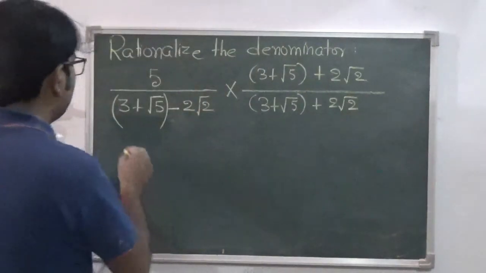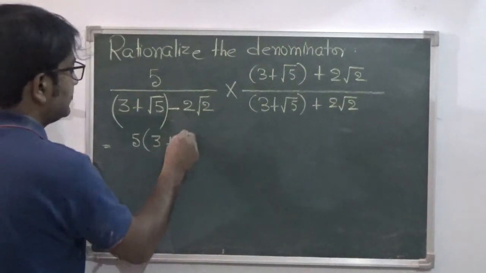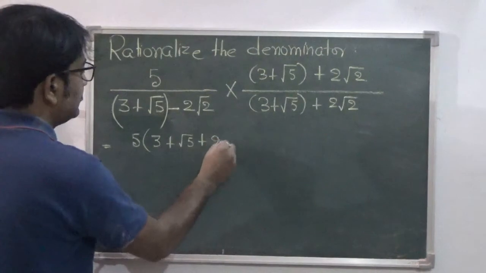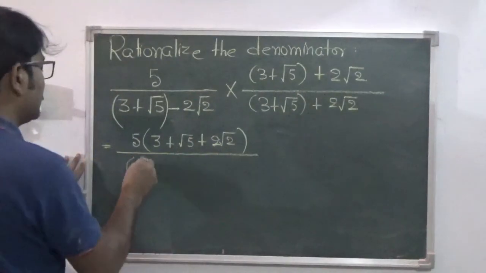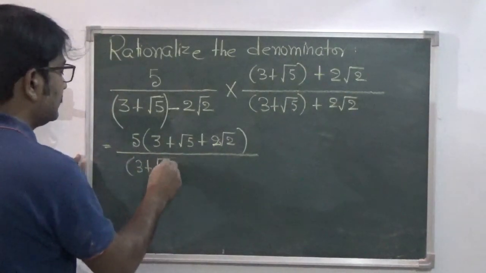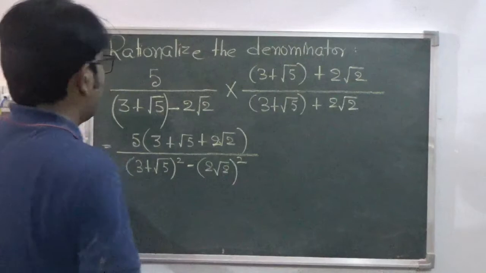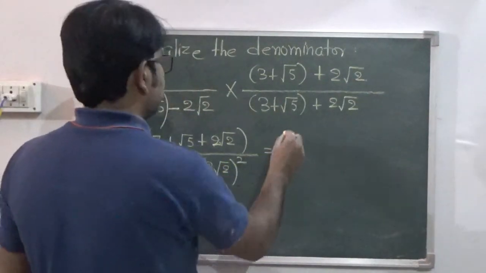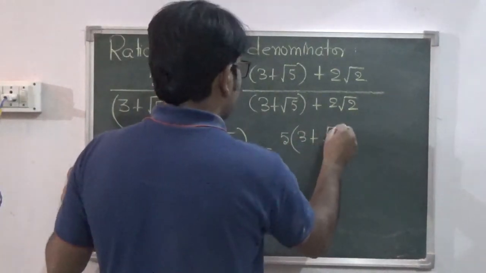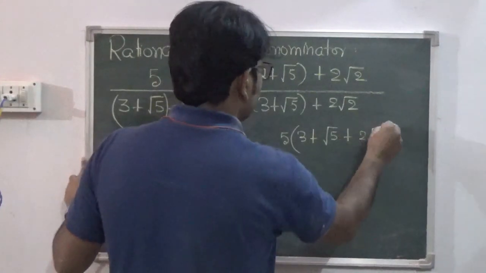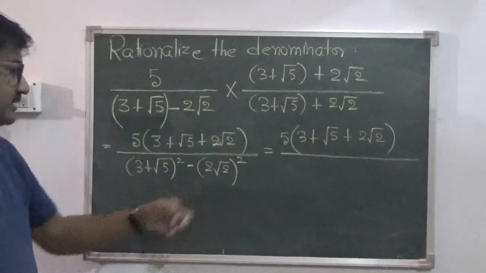In the numerator we can write 5 into 3 plus root 5 plus 2 root 2, and in the denominator it should be 3 plus root 5 whole square minus 2 root 2 whole square. Let the numerator be as it is, not doing anything with that right now.